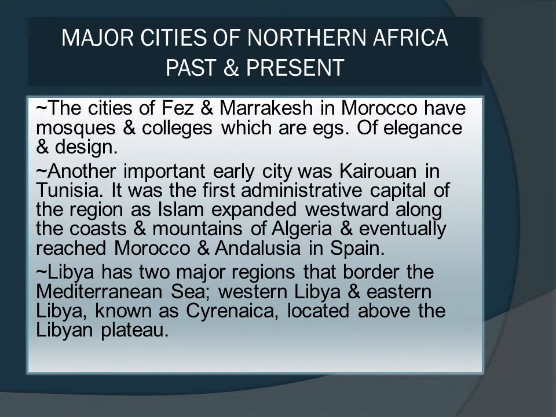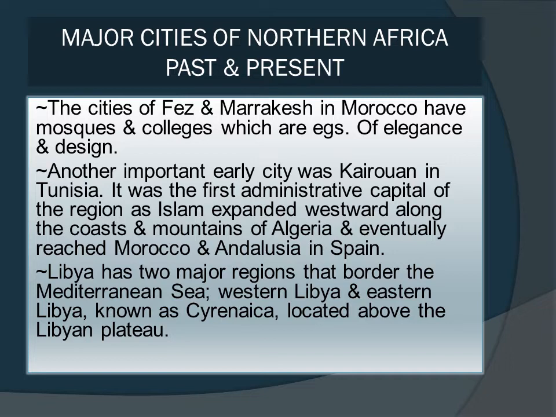Africa, past and present. The cities of Fez and Marrakesh in Morocco have mosques and colleges which are examples of elegance and design, which you can see in the textbook. They have put up very beautiful pictures of it. Another important early city is Cairo in Tunisia.